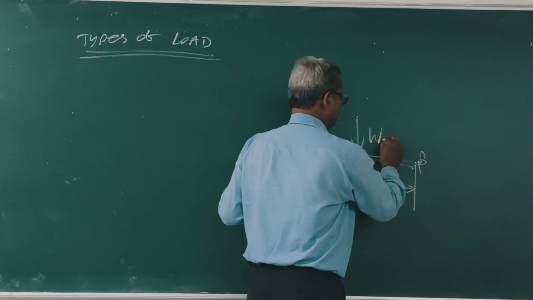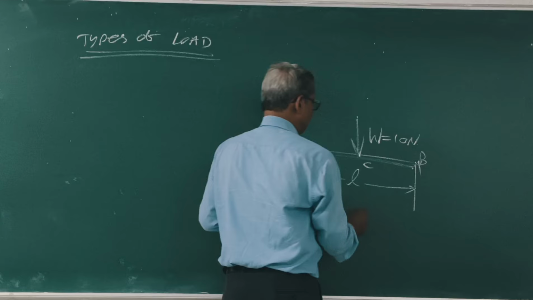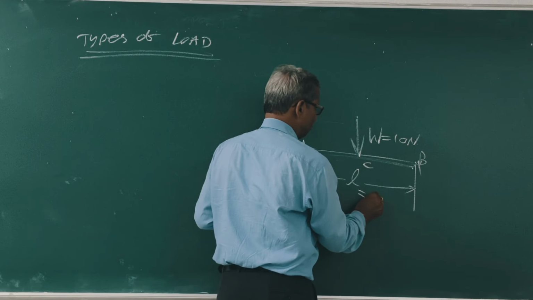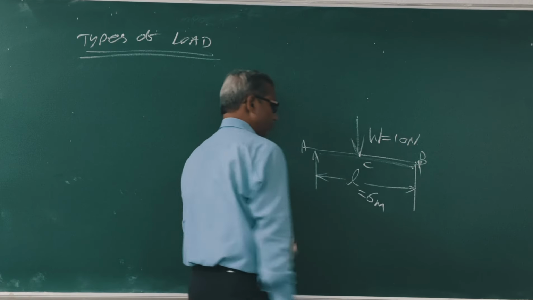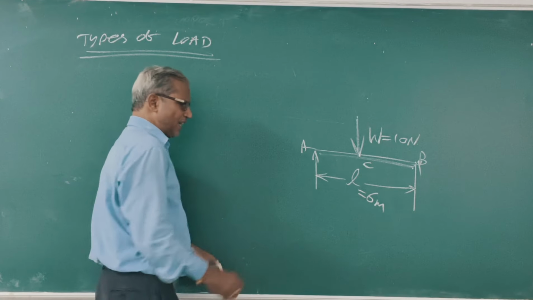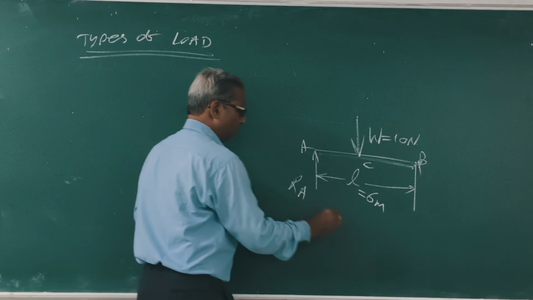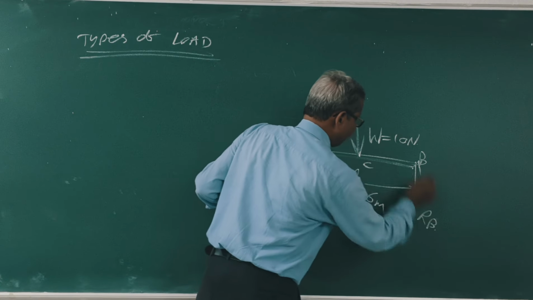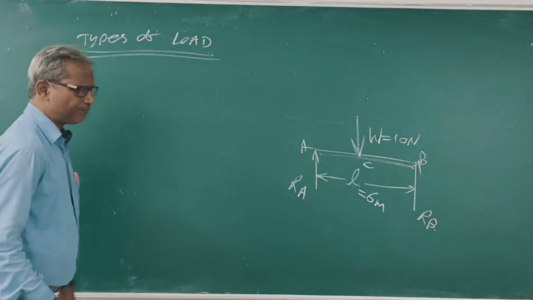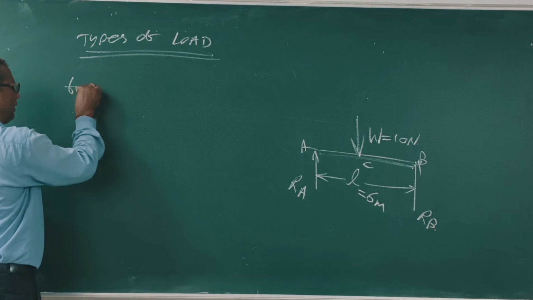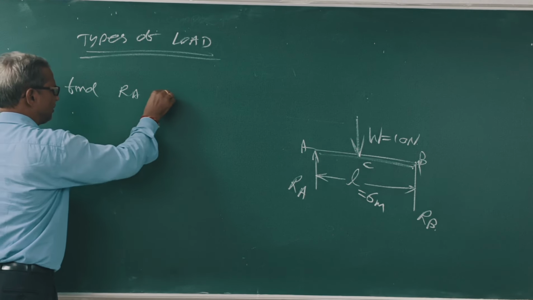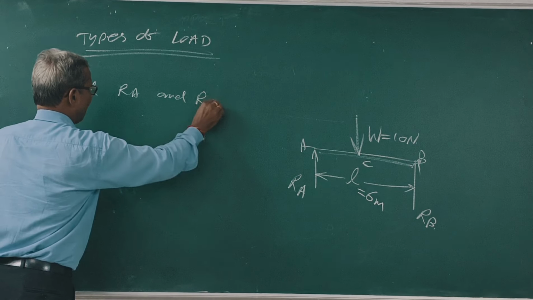The load W is 10 Newton. The length is equal to 6 meter. What is the reaction at A? RA. What is the reaction at B? RB. Clear? Find RA and RB.